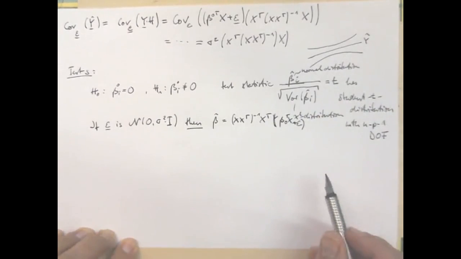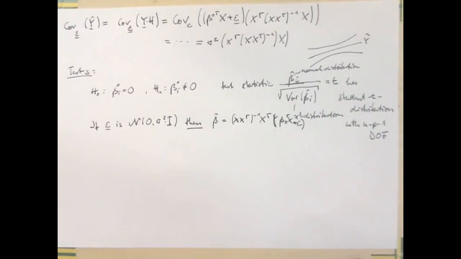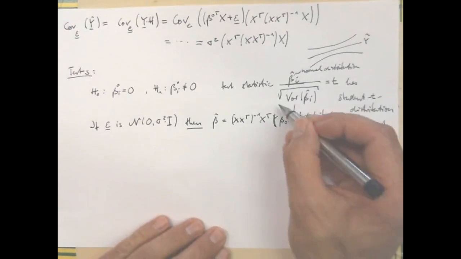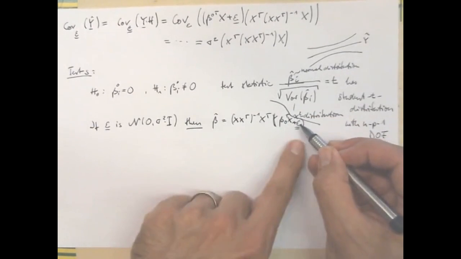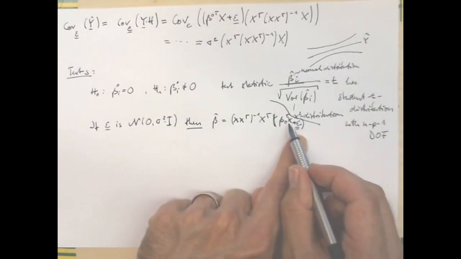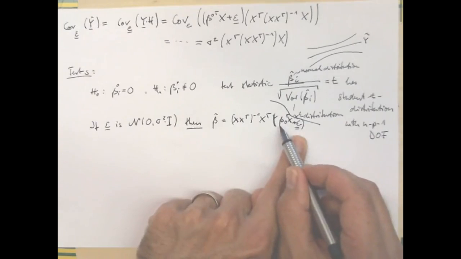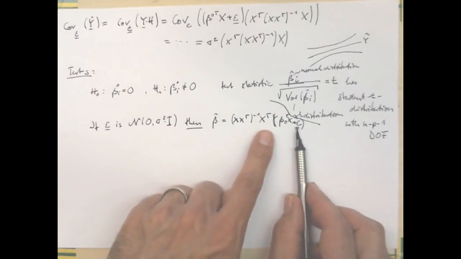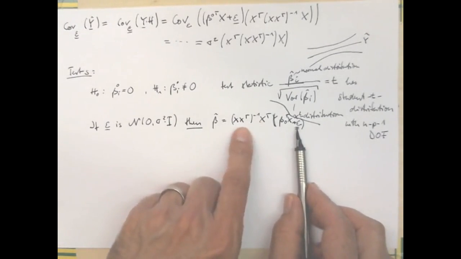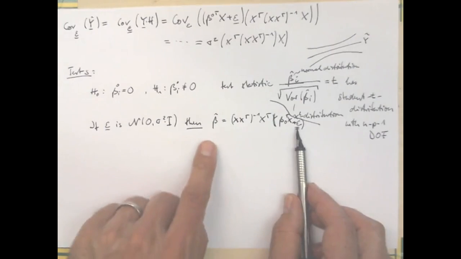So we just said that this epsilon is normally distributed. That term here is just deterministic. And if I now multiply a normal distribution with some kind of linear term, so this is a linear transformation, it remains a normal distribution.